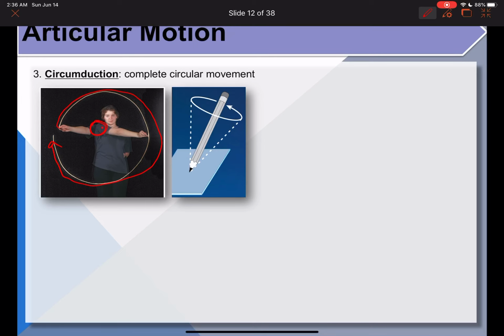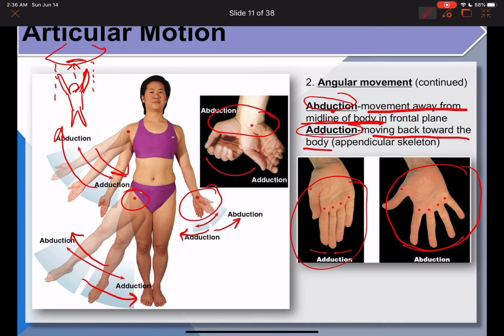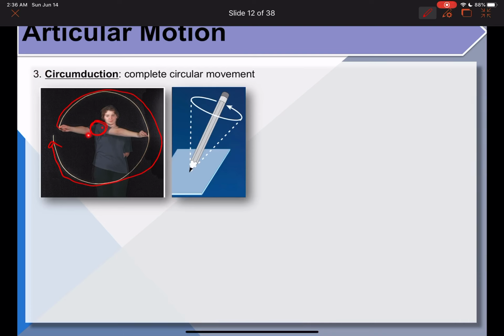So that's circumduction, the movement of the shoulder joint around the entire area like this, okay? Or if you think about a pencil on a piece of paper, you're keeping the tip on that same area, and you're moving that pencil like that in circles.